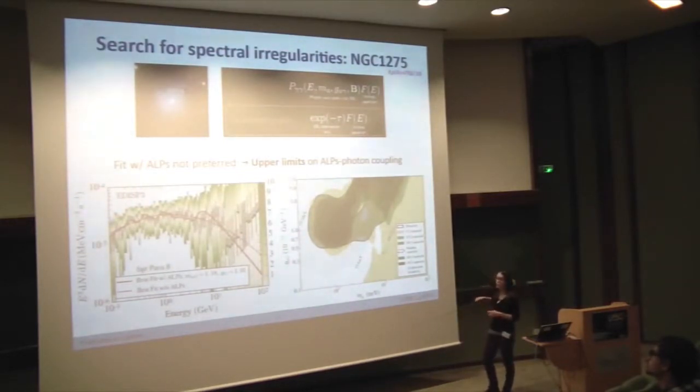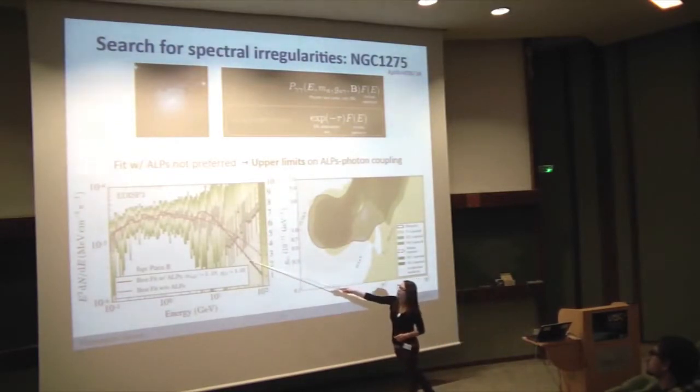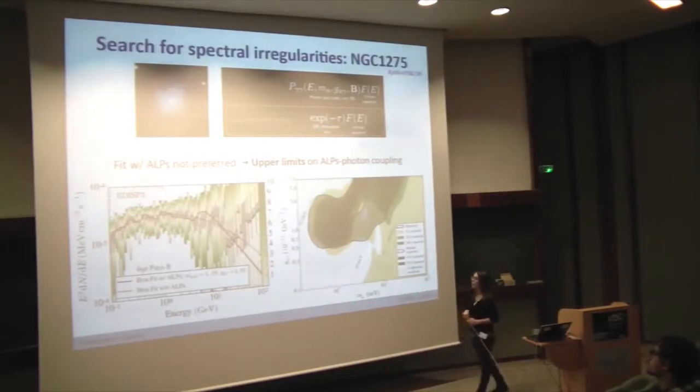There was no preference found for this parameterization to give a better fit than the other, and so upper limits were set on the coupling as a function of mass again.